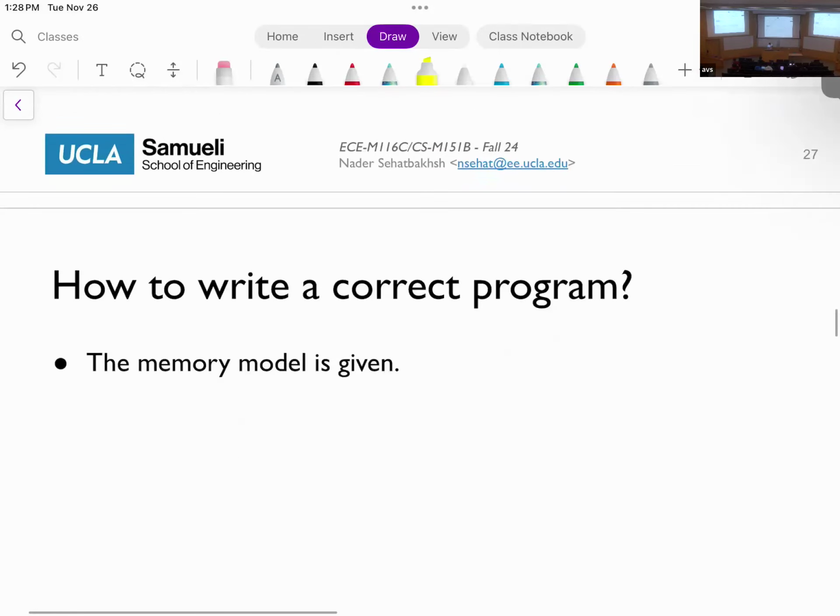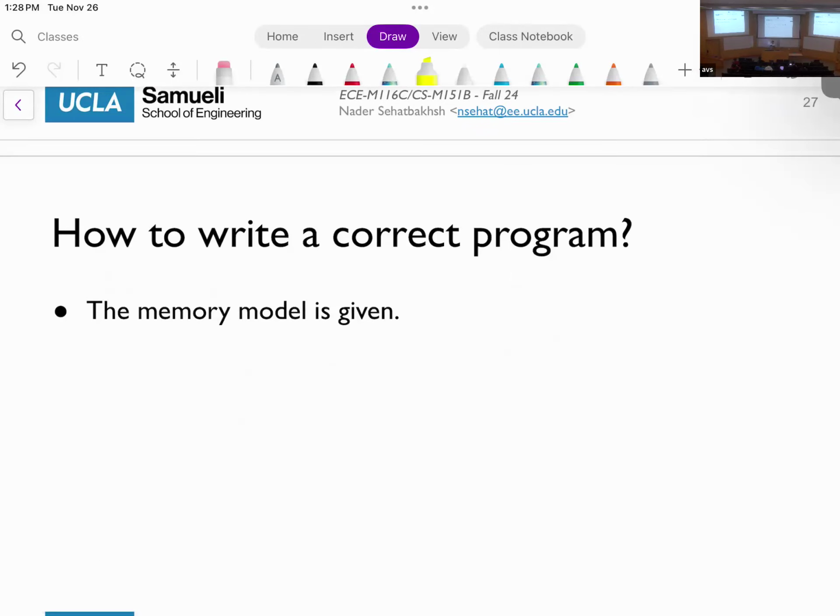All right, so let's talk about the second part of the memory consistency problem. Remember, I told you that we first need to know the possible ordering, then we need to write a program that is race-free. So how do we know the possible ordering? We need to check the memory model of the processor that we're going to write for. Keep in mind that parallel programs you write typically are not directly transferable from one architecture to another.